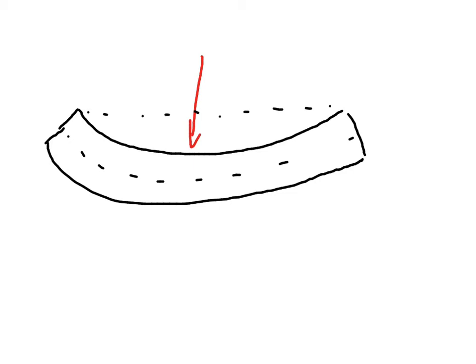So that's the original length. This bit will be slightly compressed in places. So this bit is under compression, whereas this bottom piece is being stretched, is under tension. So it's important to consider both the material and how you're using the material, what orientation it's in, the way the forces are being applied.